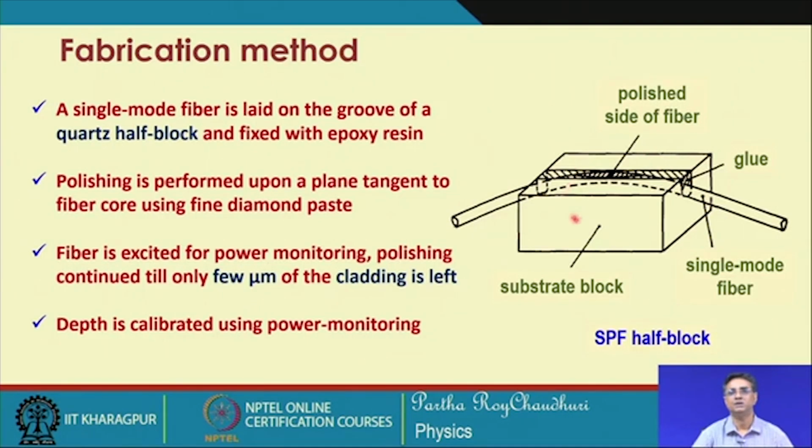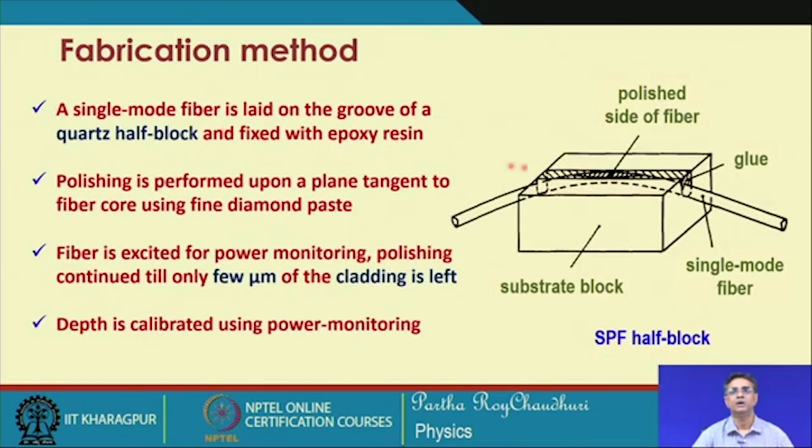While doing this polishing, if you launch some input light, then you can look at the output power, and knowing the output for this much of polishing, we can calibrate how much depth has been polished. So, this is one very beautiful technique to calibrate the depth of polishing by real time monitoring of power.